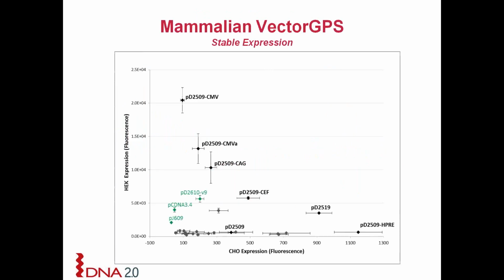HEK still expresses very well 2 weeks post-transfection. However, CHO is more popular for stable expression and more commonly used, especially in antibody production. So this is the initial data. We haven't built a predictive model yet for CHO stable expression. However, that's one of our other large projects that we're currently working on, and we should have that data out soon.